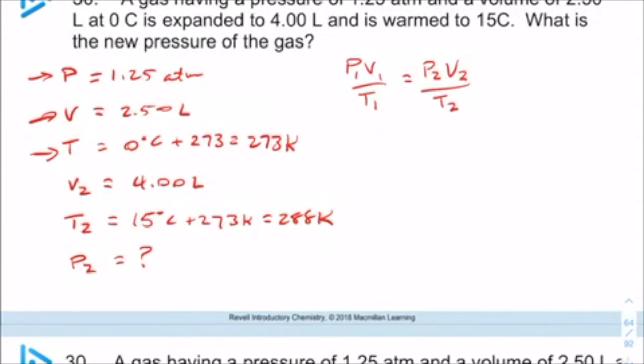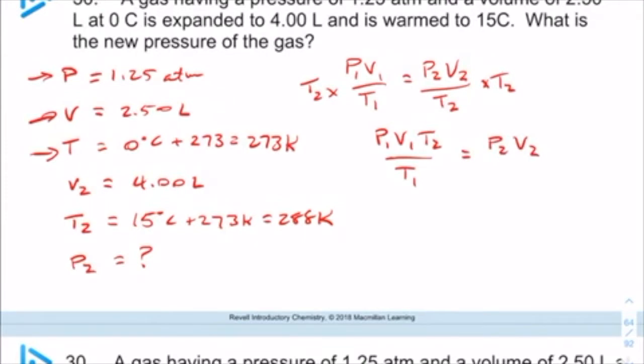Let's walk through those steps a little bit. If I want to get P2 by itself, I'm going to multiply T2 to both sides. So I'll have P1 V1 T2 over T1 equals P2 V2.